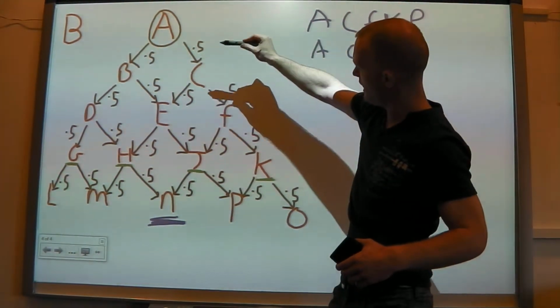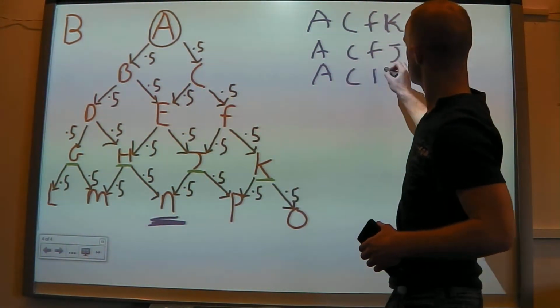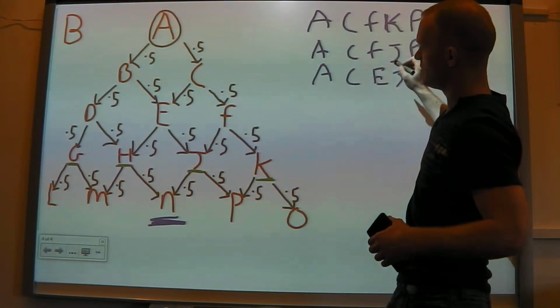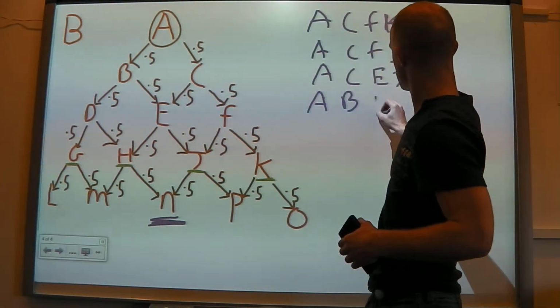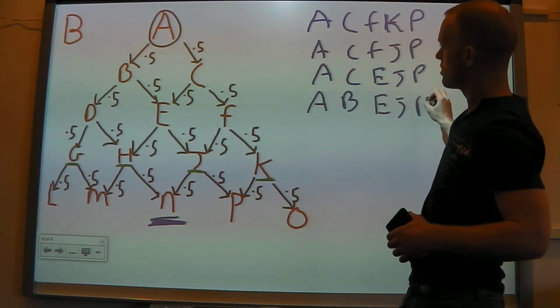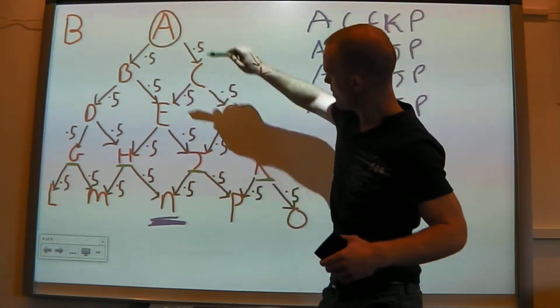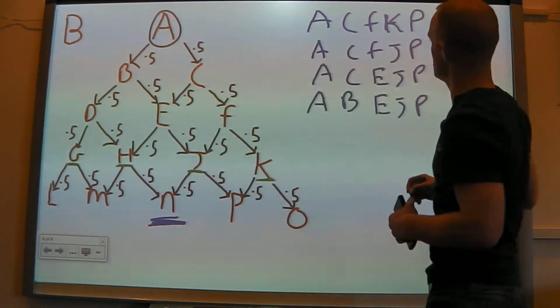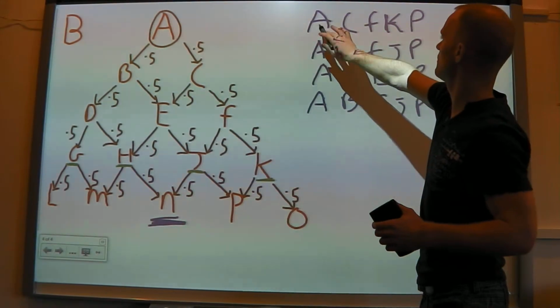And then we have A, C, E, J, P. And then we have A, B, E, J, P. So we have 1, 2, 3, and 4 different ways, yeah. So the probability of this going to this is, well, A is already certain.